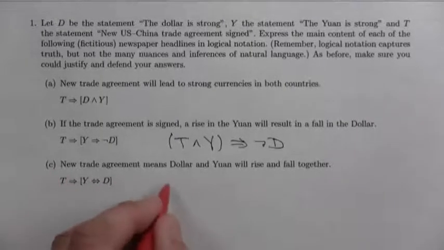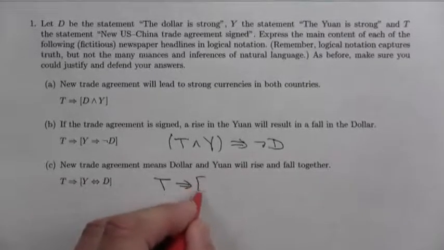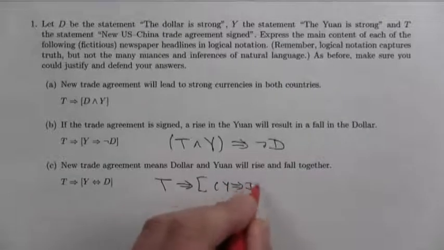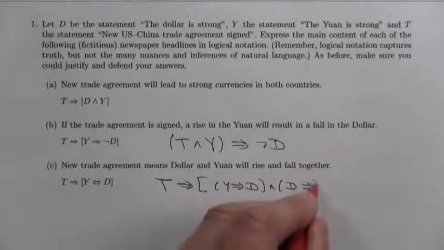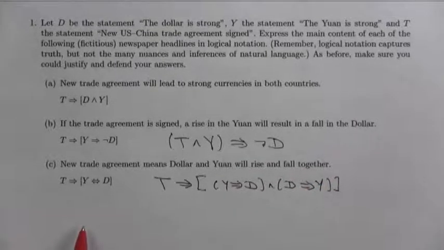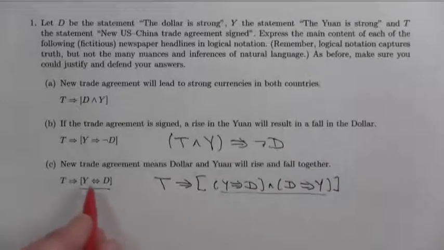Another way to write that would be as follows: if the trade agreement is signed, then if the yuan rises, the dollar rises, and if the dollar rises, the yuan rises. And again, these are equivalent because that thing is just an abbreviation for that thing. It means implication in both directions. Okay, well that takes care of number 1.